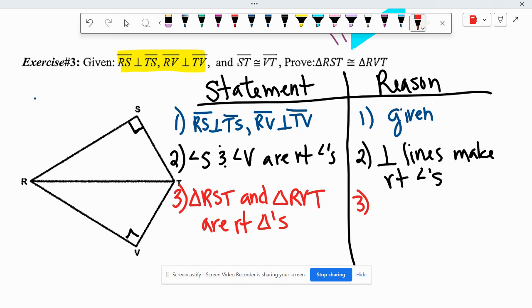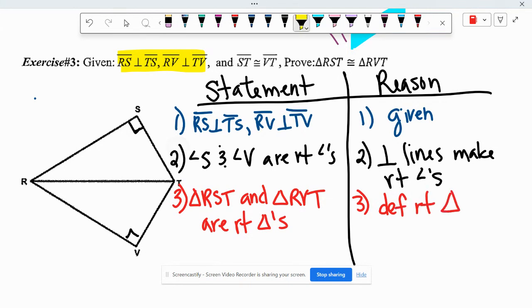Yes. So those are right triangles by the definition of a right triangle. That's why I can say that. It's just the definition of a right triangle.